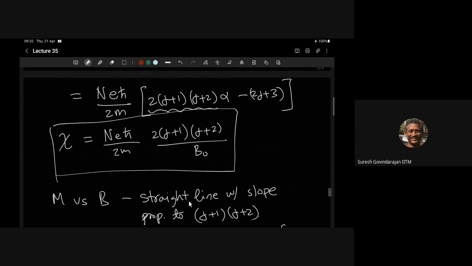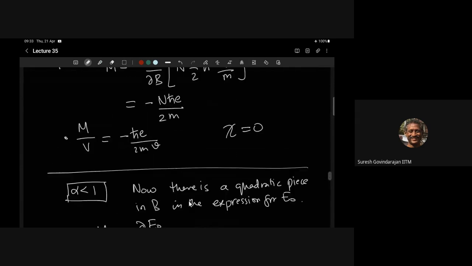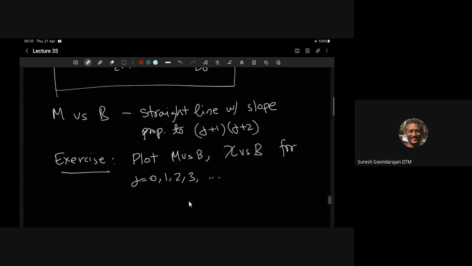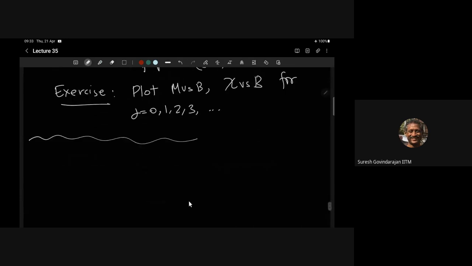Now you can see that this chi is positive, but it's negative for alpha greater than 1. So it goes from a diamagnetic thing to a paramagnetic thing, but that depends on the value of alpha. I'll pause here for questions.